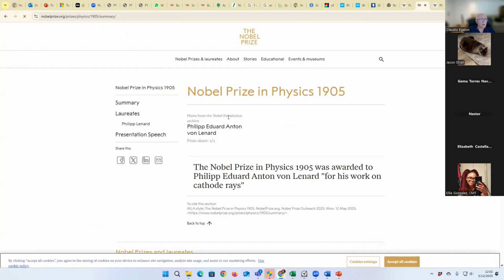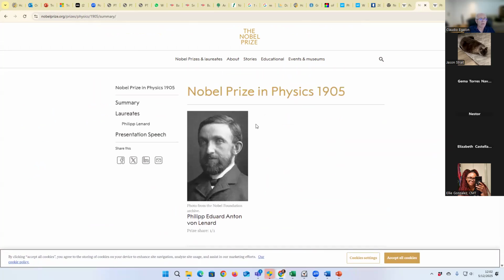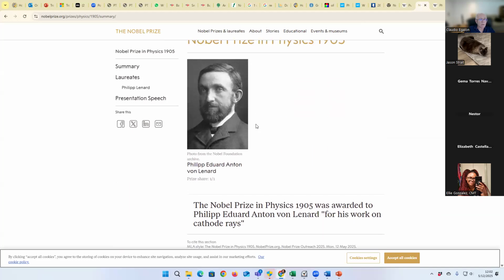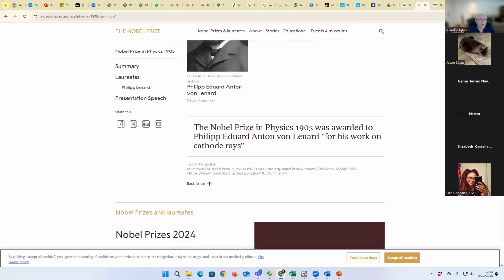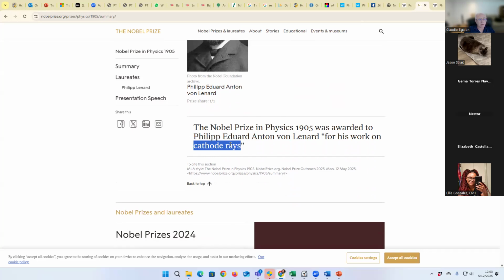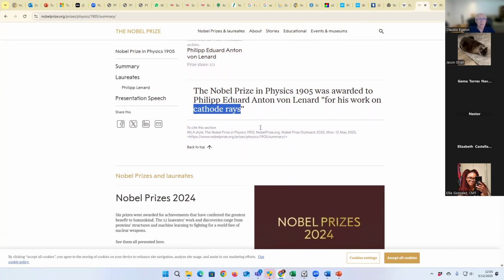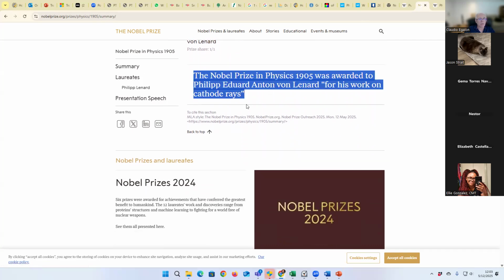Okay, summary. Here you go, Philip Leonard. Let's see what his contributions were. Nobel Prize for his work on cathode rays. Cathode rays, not the photoelectric effect. Okay, he worked with the photoelectric effect, but his Nobel Prize was on the cathode rays, not for the photoelectric effect. Okay.